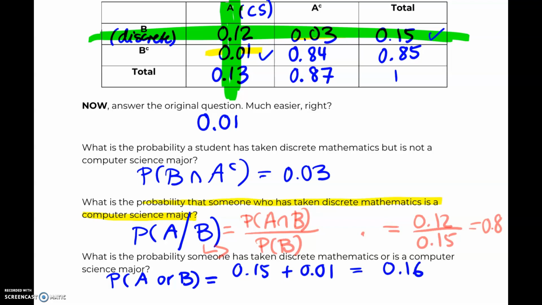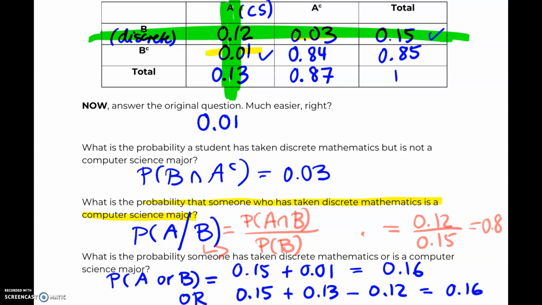Or I could take our totals and calculate it as 0.15 plus 0.13 minus 0.12, which is also 0.16.